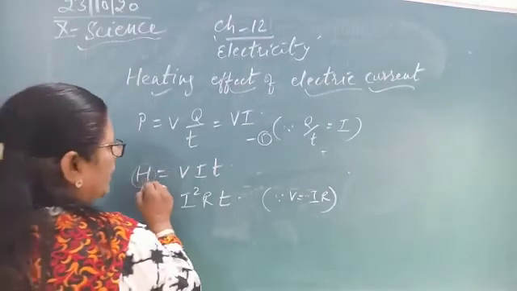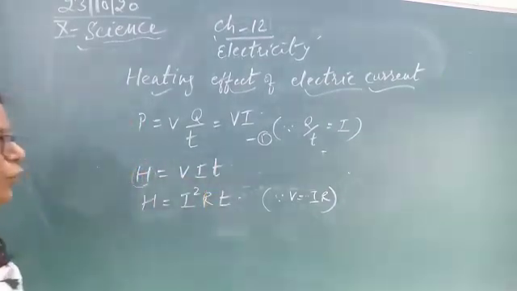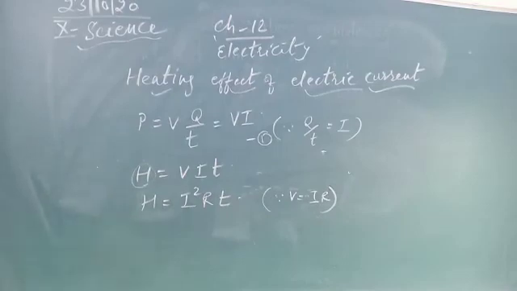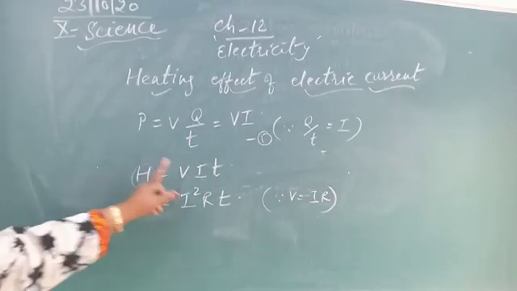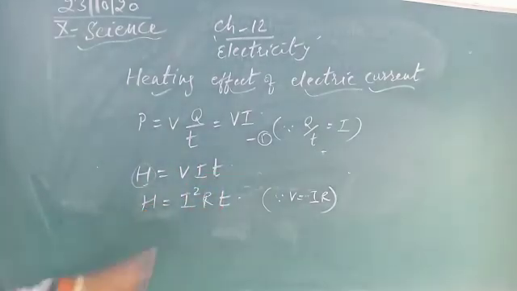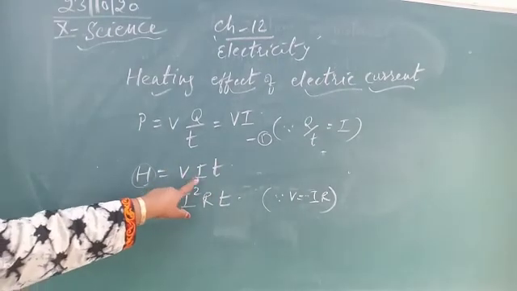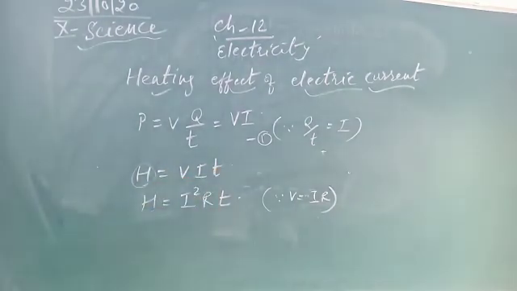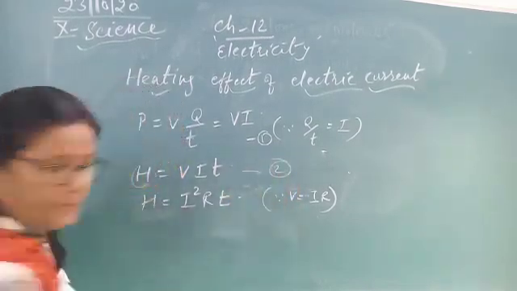H, the heat energy, is equal to V into I into T. Then what happens to the energy expended by the source? This current I produces an amount of heat energy H in time T, that H is equal to VIT, where V is the potential difference, I is the current and T is the time. Okay, so this is formula number 2.